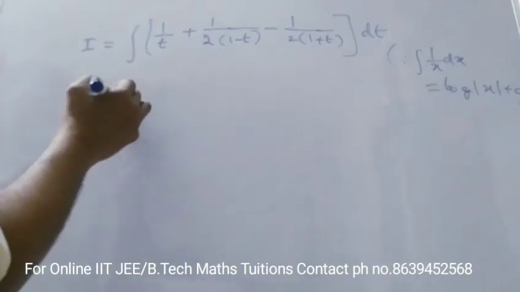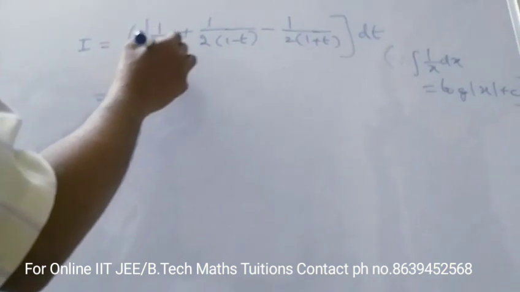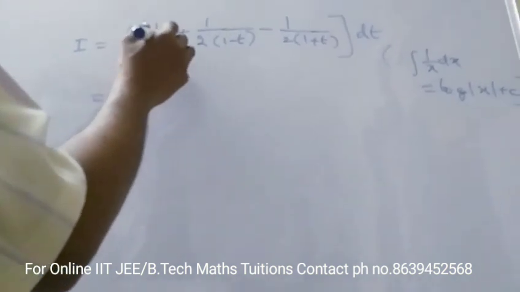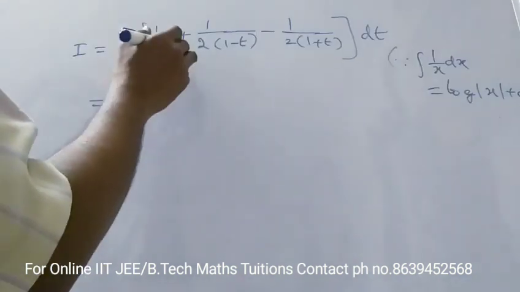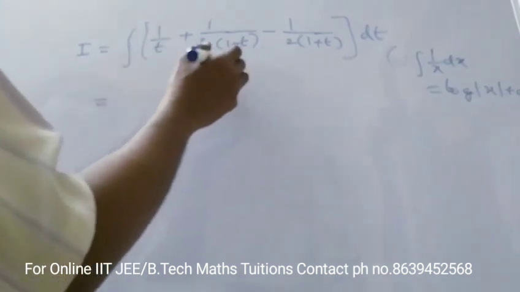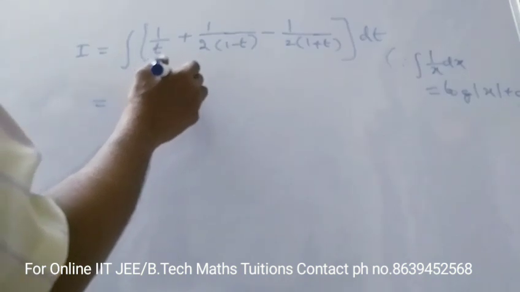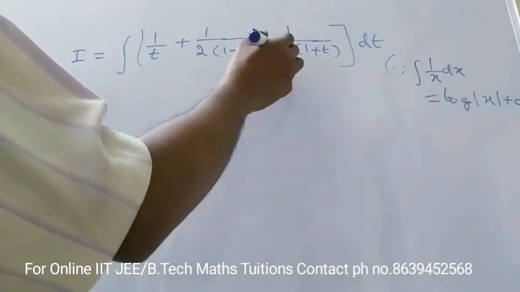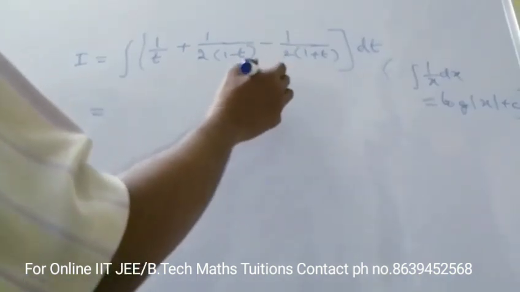Integral of 1 by t dt is log modulus t. Integral of 1 by 2 of 1 minus t, with 1 by 2 written before the integral, becomes log modulus 1 minus t, and similarly integral of 1 by 1 plus t dt is log modulus 1 plus t.